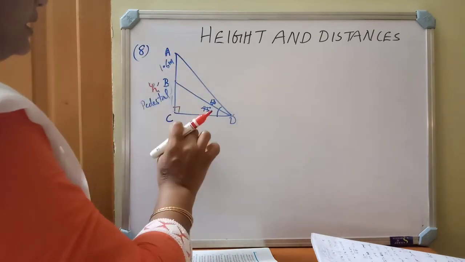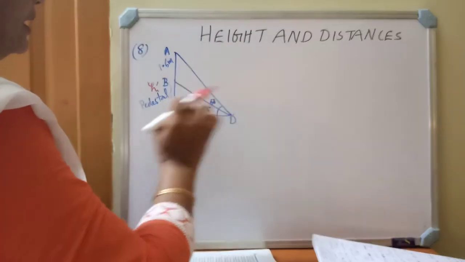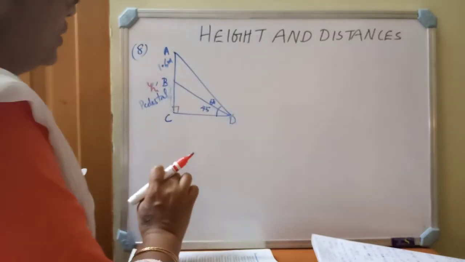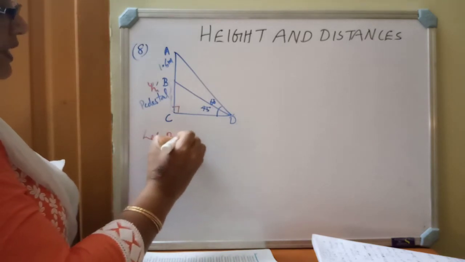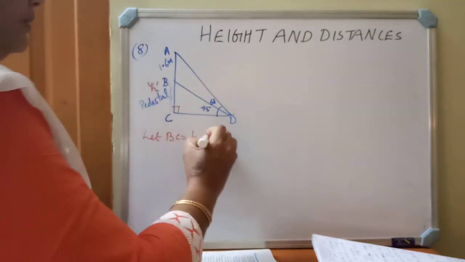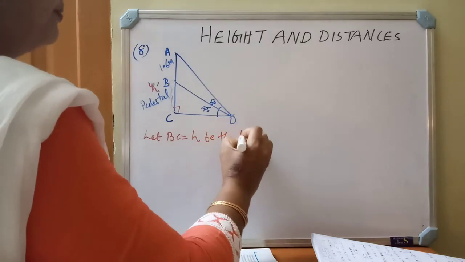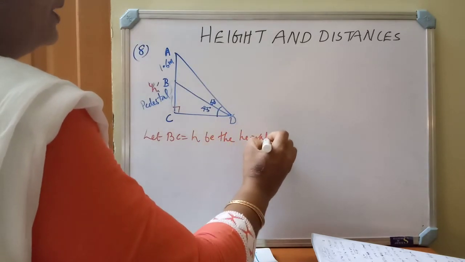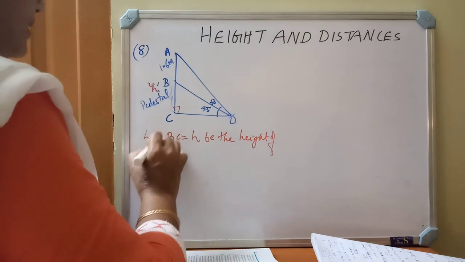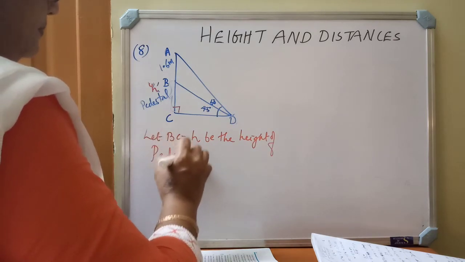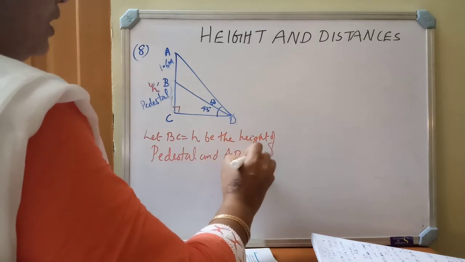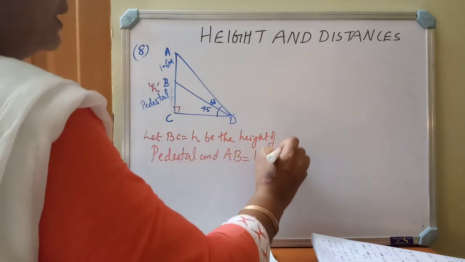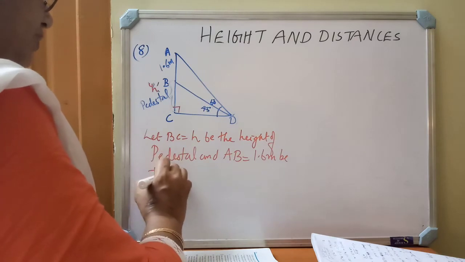In ACD, angle ADC is 60 degree. So let BC equal to H be the height of the pedestal, and AB equal to 1.6 meter be the height of the statue.